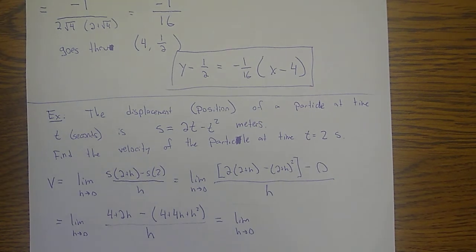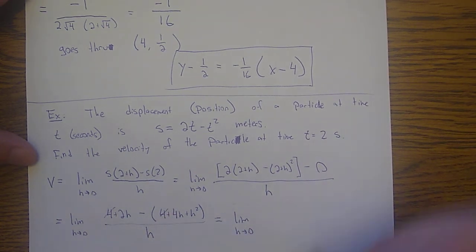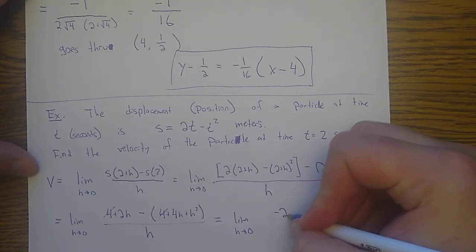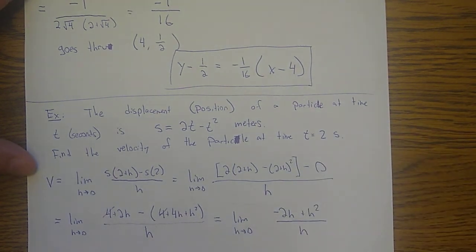And then what happens? As usual, I expect everything without an h on it to go away. This 4 doesn't have an h on it, and it goes away. Now everything else has an h on it. Let me be careful though, there's some things to combine, like this 2h minus 4h is negative 2h. So it's like this.